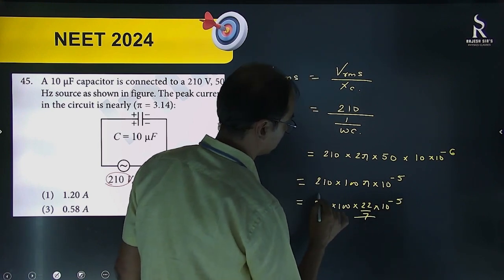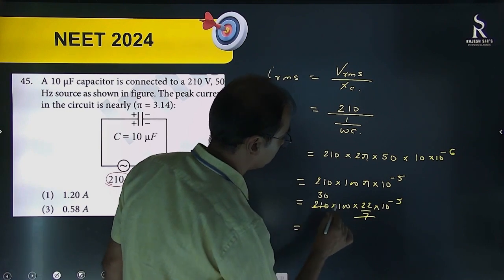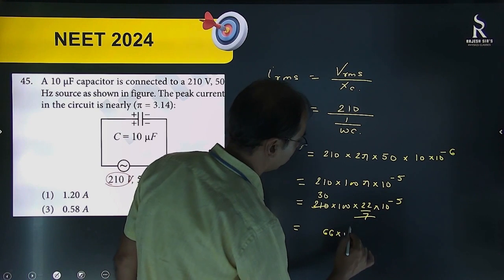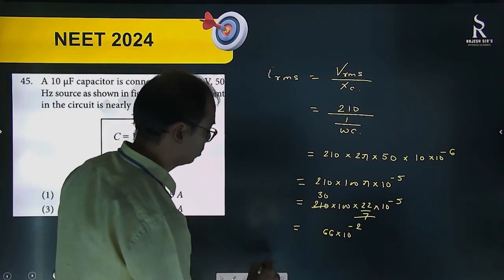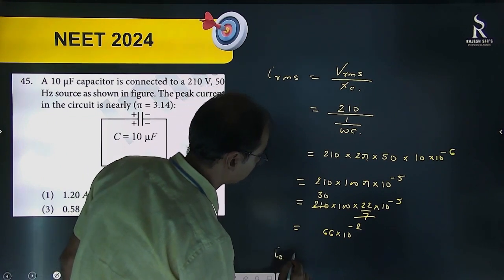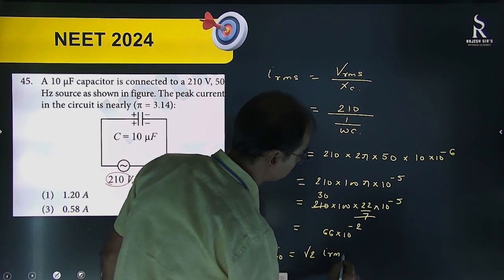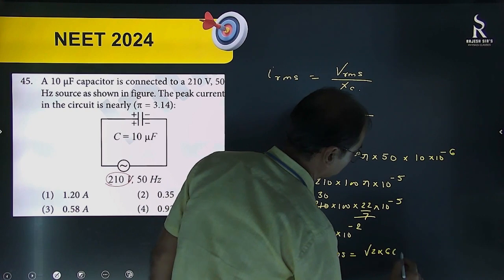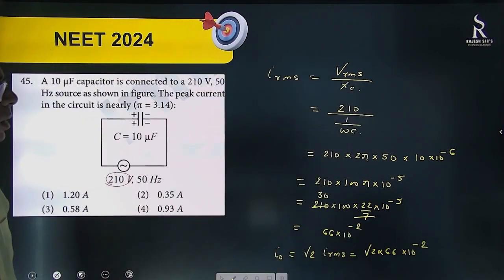So this becomes 30, and 3 zeros we can take from there. So this is 3 into 22, 66 into 10 to the power minus 2. This is the IRMS value. Now I naught, the I peak, is IRMS into root 2, so root 2 into 66 into 10 to the power minus 2, somewhere around 93, 94 into 10 to the power minus 2.